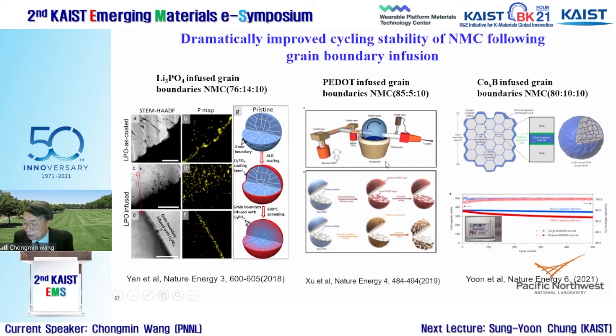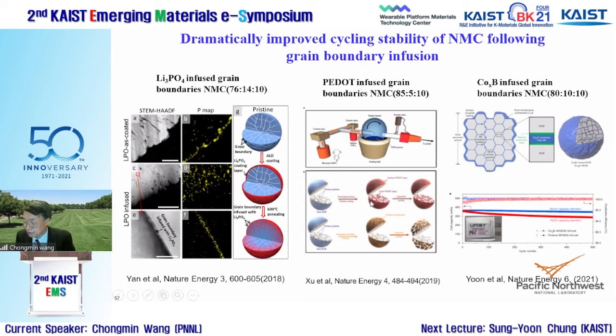What had been done in these three works is they put different solid electrolytes along the interface between the primary particles. And then we see the battery cycling become much more stable, and the intergranular cracking goes away. This is very promising for the battery.